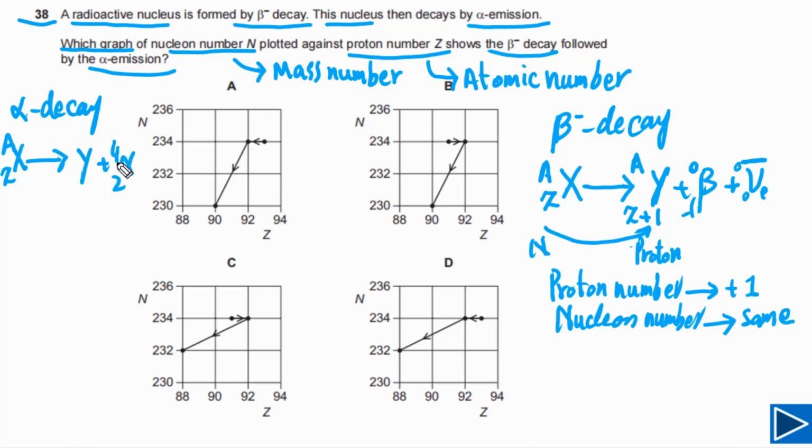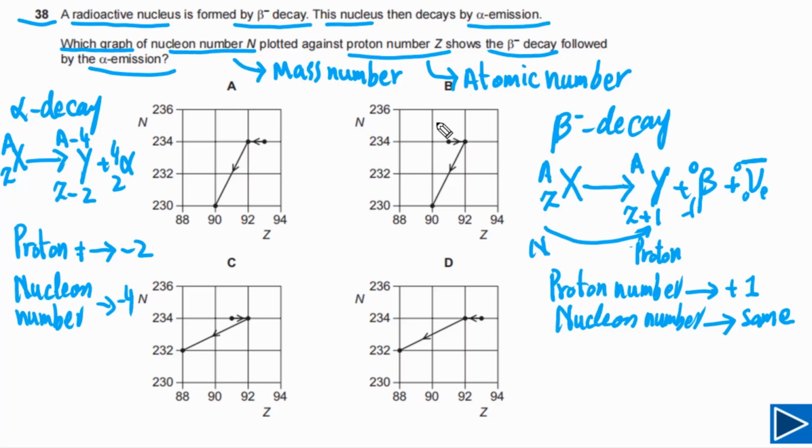When an alpha particle is emitted, atomic number decreases by 2 and the mass number, the nucleon number, decreases by 4. So in this case, proton number decreases by 2 and nucleon number decreases by 4.